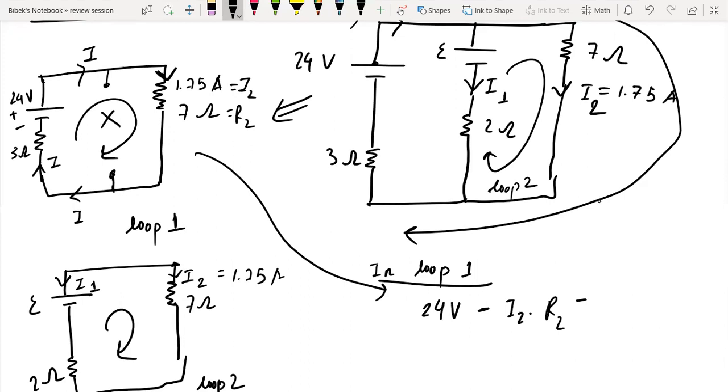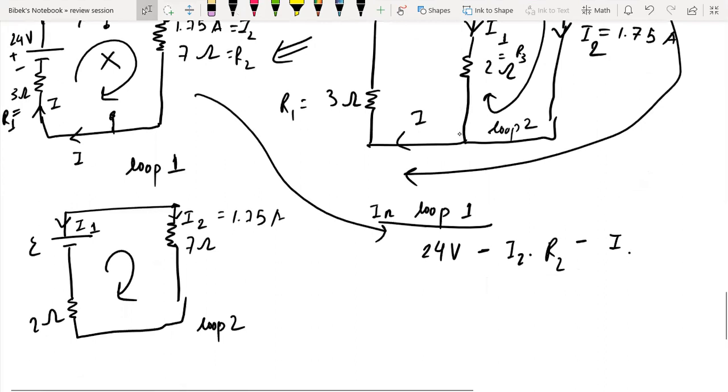Let me call it R1, this one R2, and this one R3. Okay, that is I, because I amount of current is flowing here, the same amount of current leaving from the battery, I times R1.